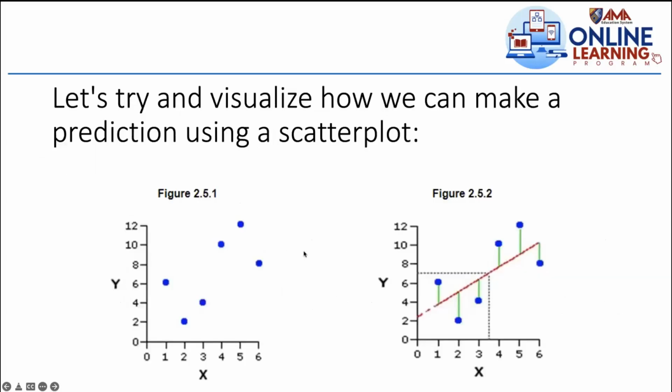Now this one is just to show you how we can make a prediction using a scatter plot. So this is a scatter plot. If you have the line of best fit, for example, this is the line of best fit, there's an error because the line doesn't overlap the actual points. So this is your actual point, and this is the corresponding predicted point on your line of best fit.